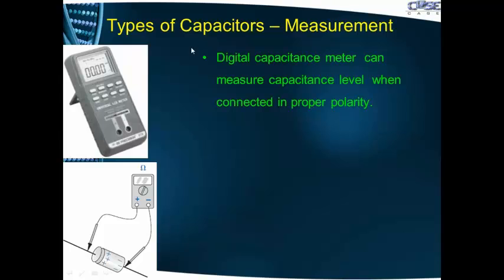Next is the measurement of a capacitor. To measure the value of a capacitor, a meter called the digital capacitance meter can be used to measure these values if they are connected in proper polarity.